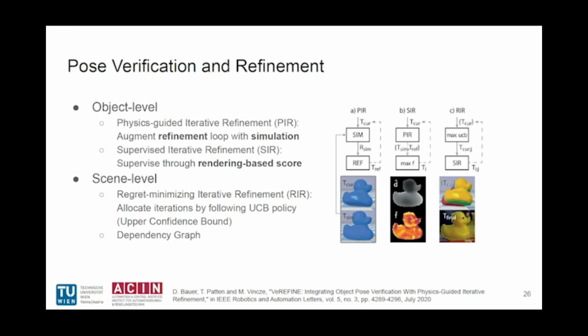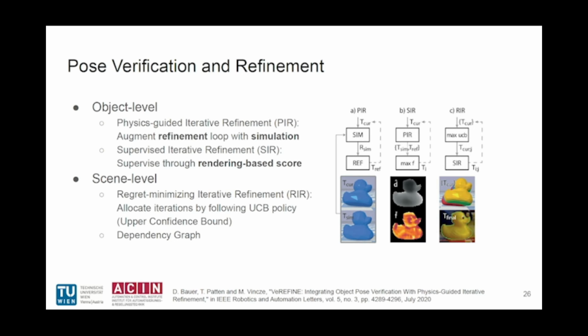So the number of possible combinations between potential poses for every object that should be looked at explodes, and that's not manageable anymore. The way this approach deals with that is by using a Monte Carlo tree search and a clever combination of everything, such that you can actually optimize the pose for everything.